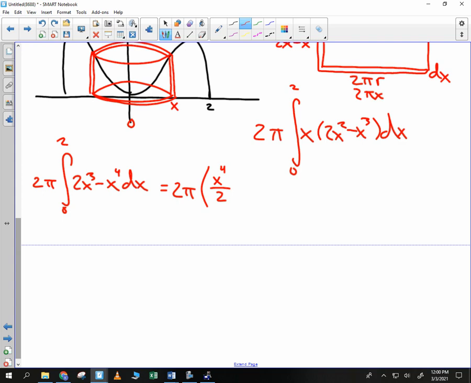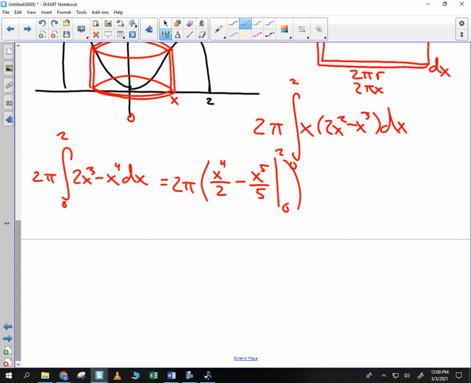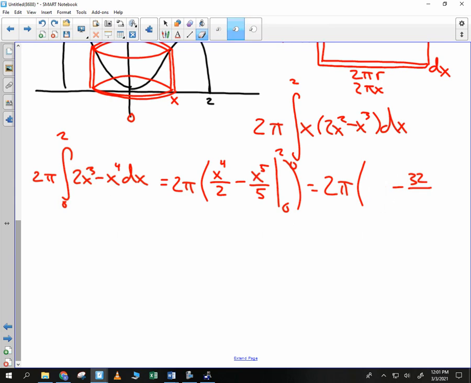Minus x to the 5th over 5, evaluated from 2 to 0. If we plug in 2, 2 to the 4th is 16 divided by 2 is 8. 2 to the 5th is 32 divided by 5.